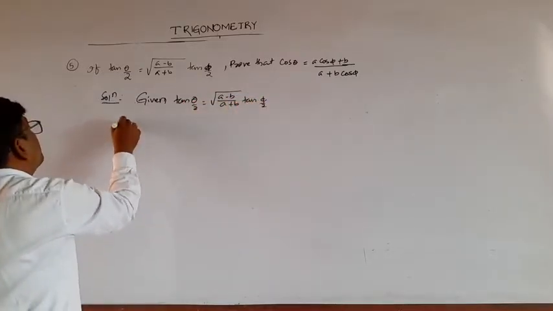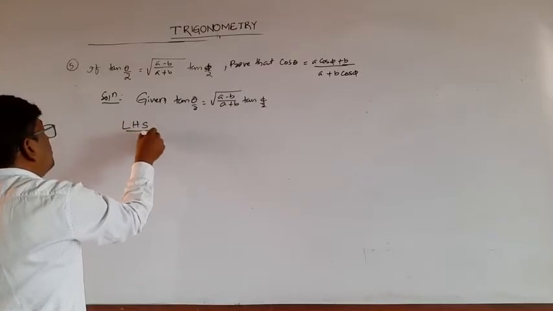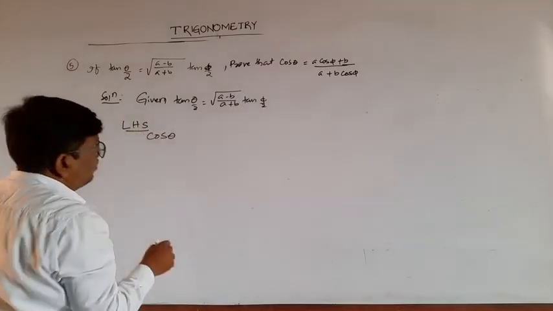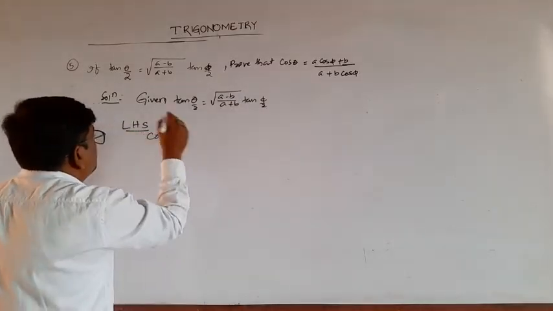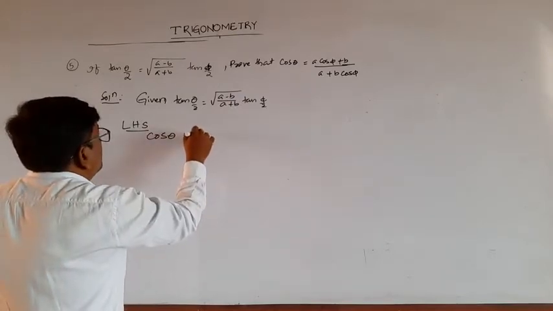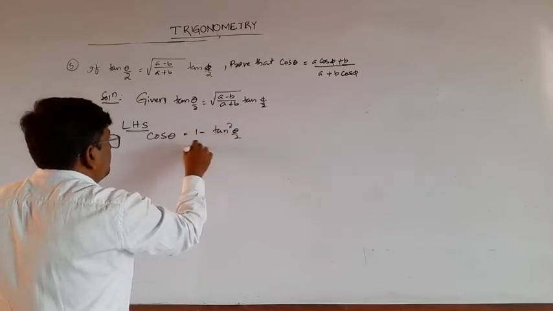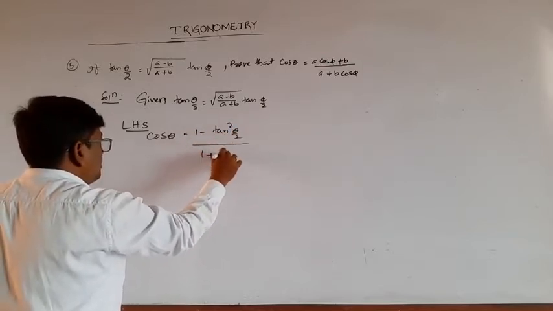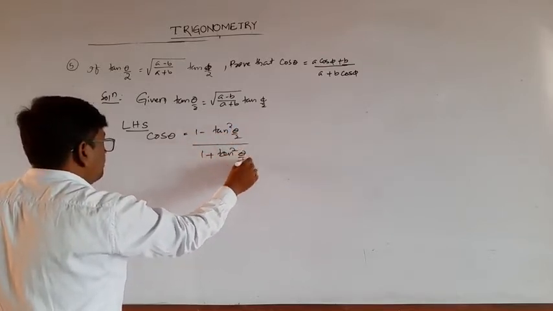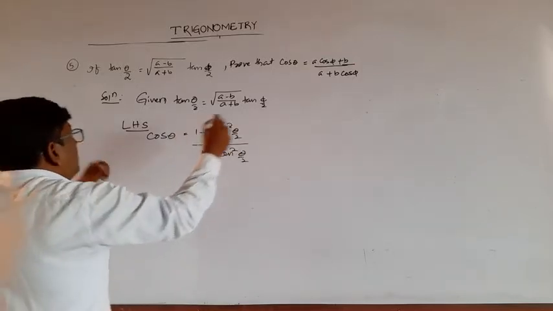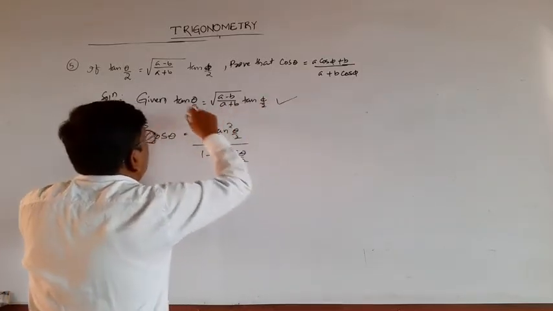Now the left hand side, cos θ, is equal to what? Cos θ is equal to 1 minus tan² θ/2 divided by 1 plus tan² θ/2. Now use the value of tan θ/2.